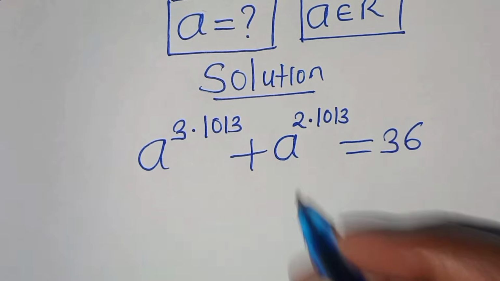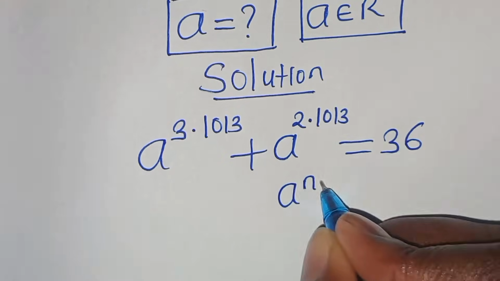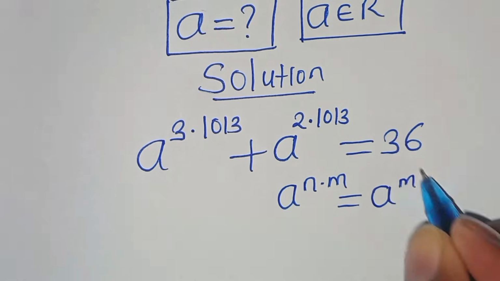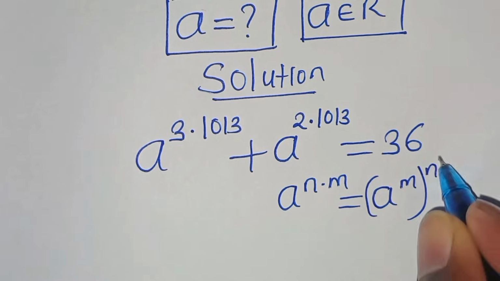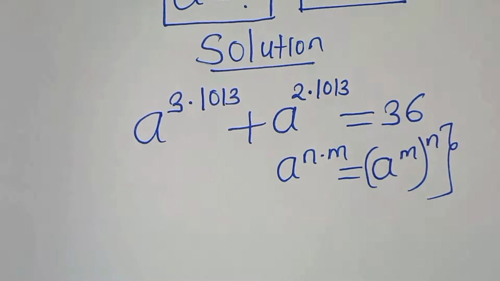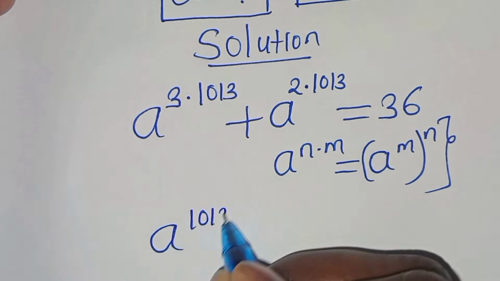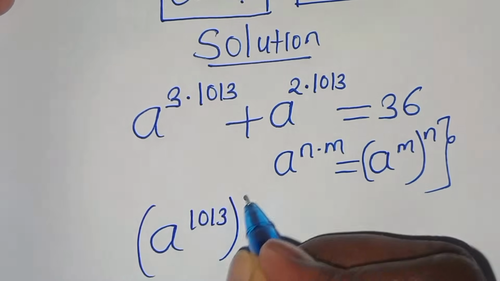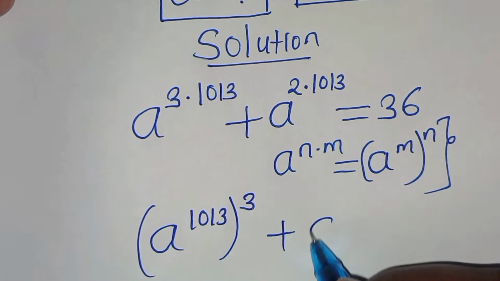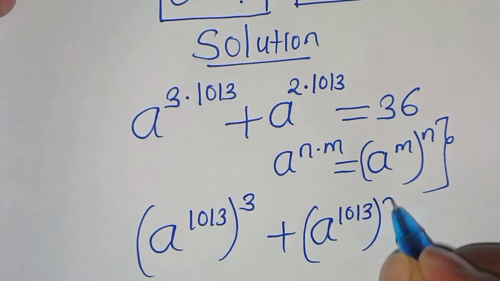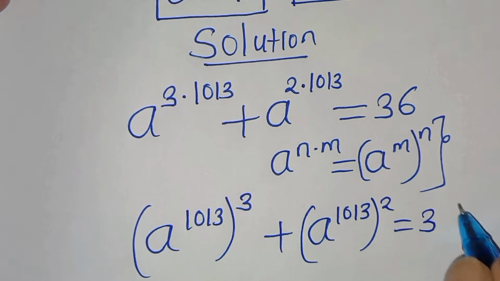Now, this is actually in the form of a to the power of n times m, which we can express as a to the power of m raised to the power of n. Applying this exponent property, we have a to the power of 1013 raised to the power of 3, plus a to the power of 1013 raised to the power of 2. This is equal to 36.